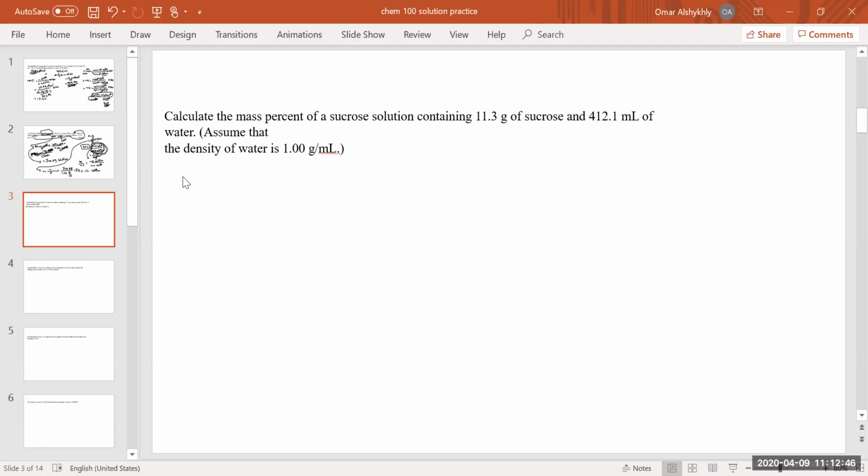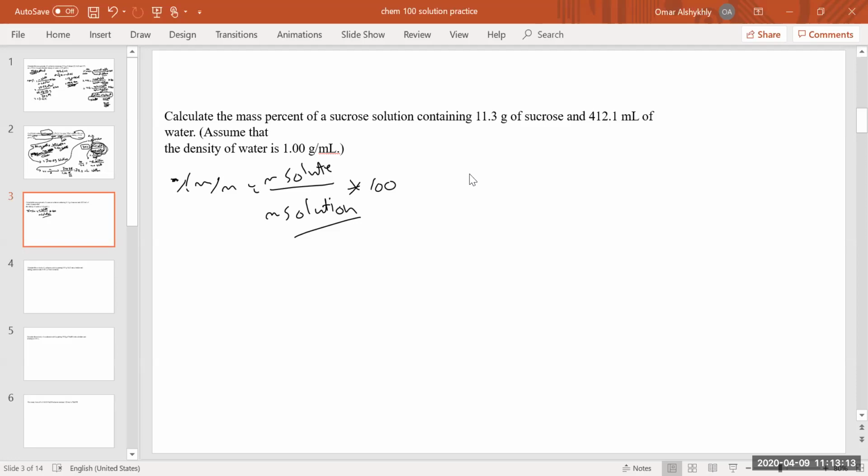First of all, we need to find the mass percent, mass per mass, which equals mass solute divided by mass solution times 100. Be careful, guys. Here, solution, not solvent. I have some students who get confused and put the mass of solvent, but here it is solution.